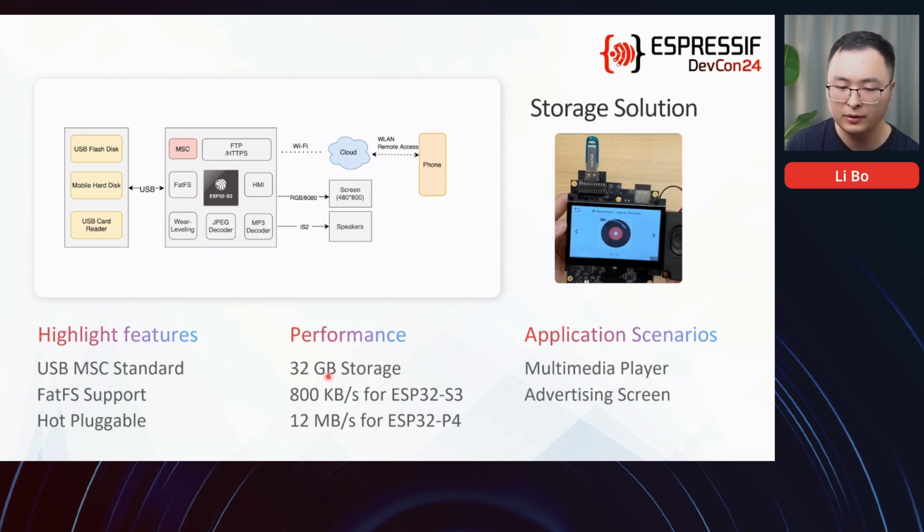If you want to support larger storage, you need to modify the file system to enable the exFAT file system. For the test results, in the ESP32-S3, we can achieve 800 kilobytes per second. For the P4, we can achieve 12 megabytes per second. So for the application scenarios, it's suitable for the multimedia player and the AD screens.